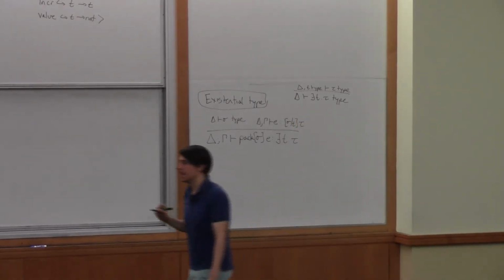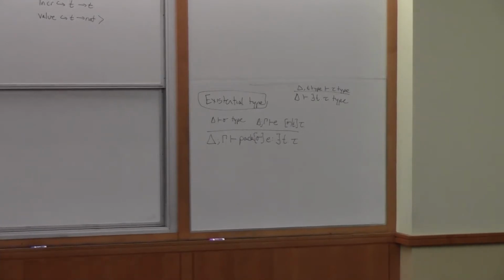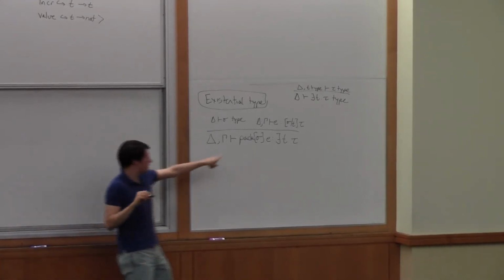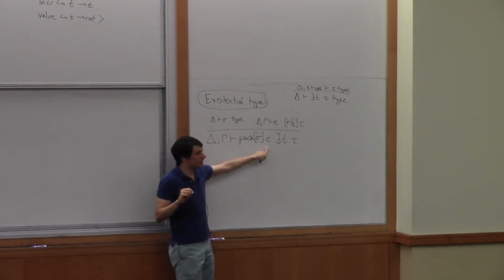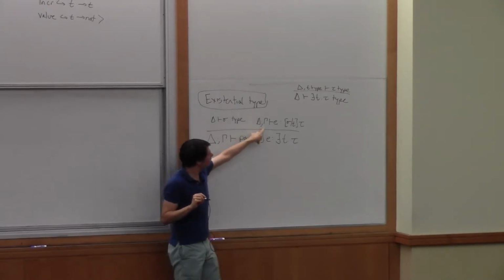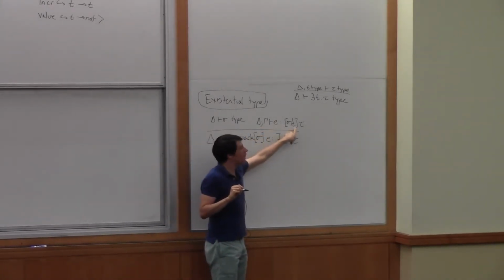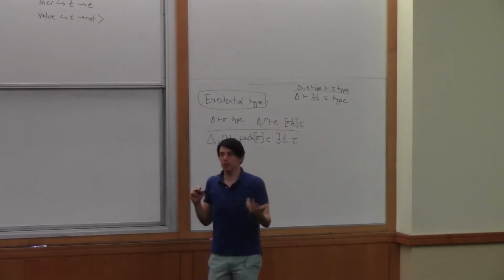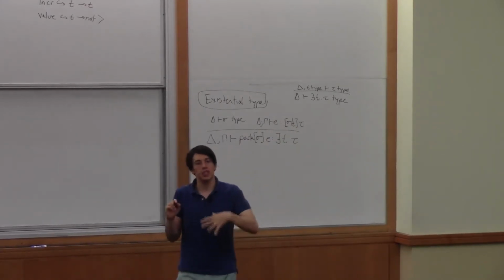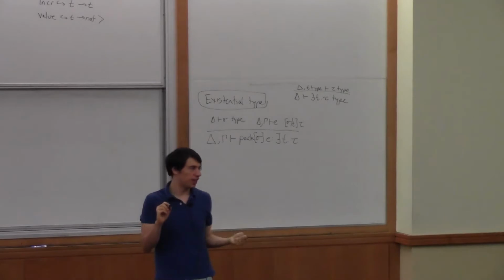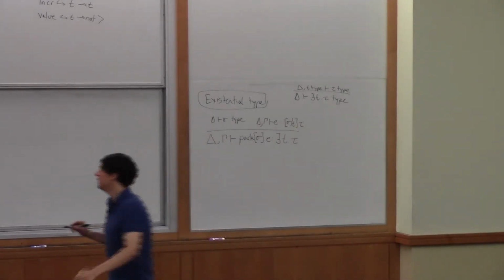Okay? Which is to say, the idea of pack sigma E is take T to be sigma, and then implement E having plugged in sigma for T, which is how you know that T is sigma in the implementation.